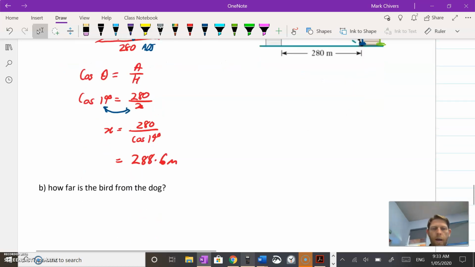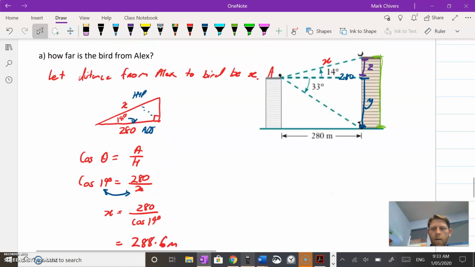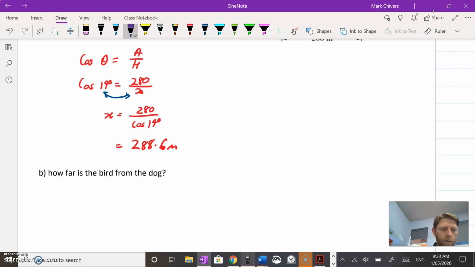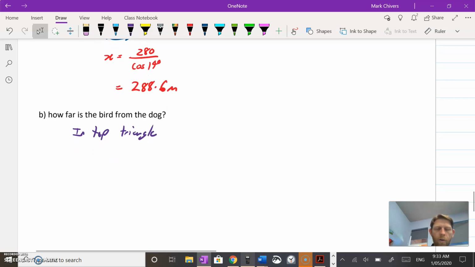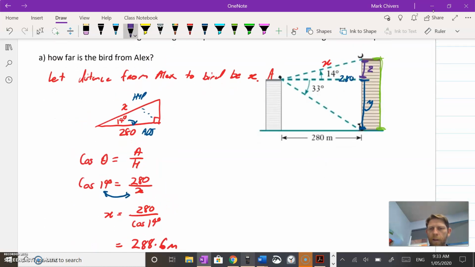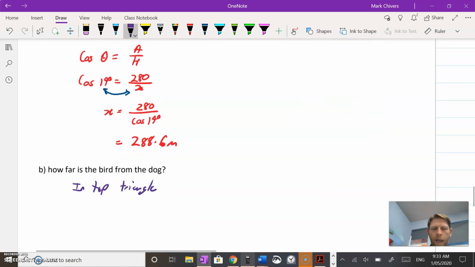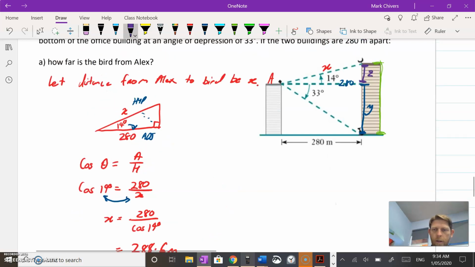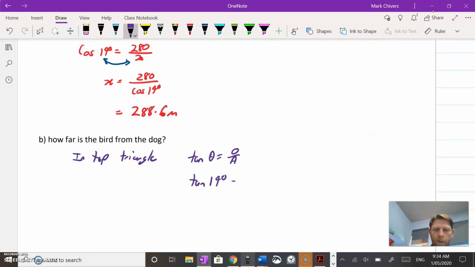Okay, so if I go with the purple first, in the top triangle, relative to that angle, I've got an opposite and an adjacent side, so tan theta equals opposite over adjacent, and in this case I'm going to have tan 14 degrees equals opposite over adjacent. The opposite side I don't know, I called that z, and that's over 280.